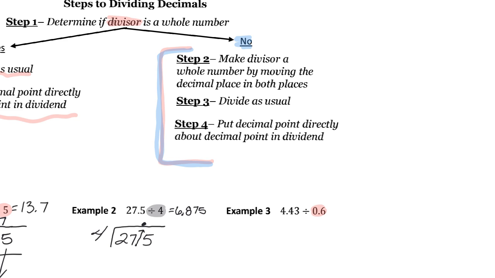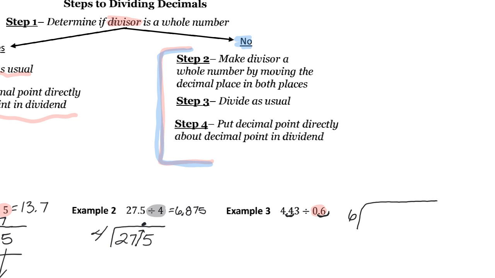So in this first one, in order to make this 0.6 into a whole number, we move it over once. Okay, but since we moved over this one once, we have to move this one over once. So now this 0.6 really becomes a 6. That goes outside the division bar.